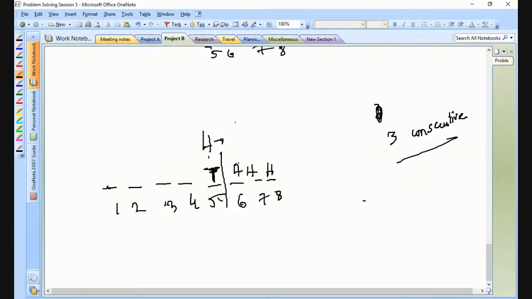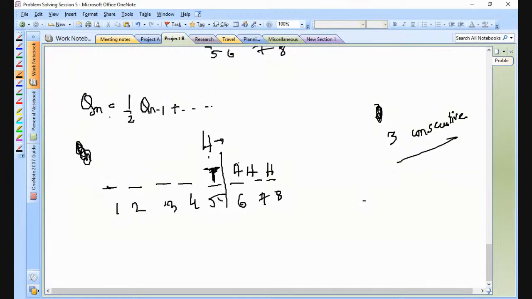Okay. Given the thoughts you're having, I will give you an idea. Let's say you have Qn, the probability that no 3 consecutive heads will occur. Show that if you restrict it on the fact that till the seventh position you have no 3 consecutive heads, then Qn is equal to half into Qn minus 1, plus something, okay?